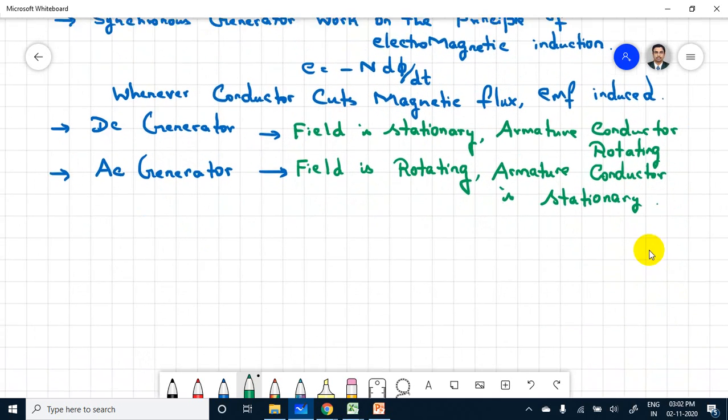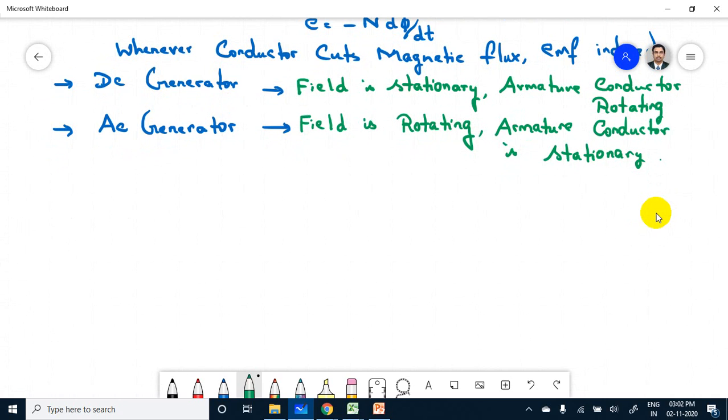Now, to understand the concept of principle of operation, we consider a two-pole alternator.